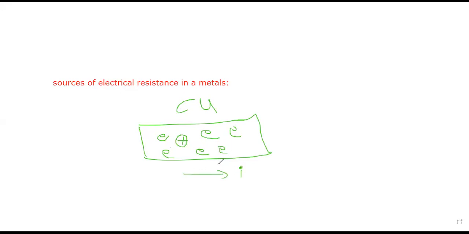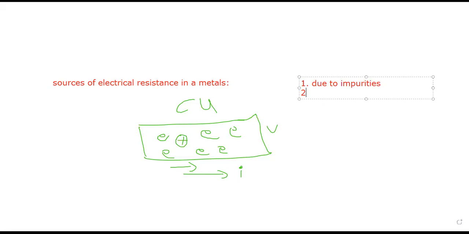When we allow the current through this copper wire, after flowing some distance, this copper shows some resistance because of three reasons. One is impurities present in the copper metal.